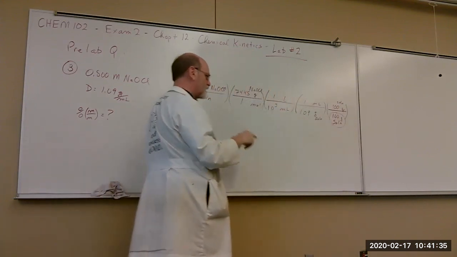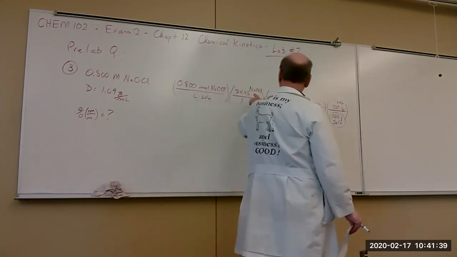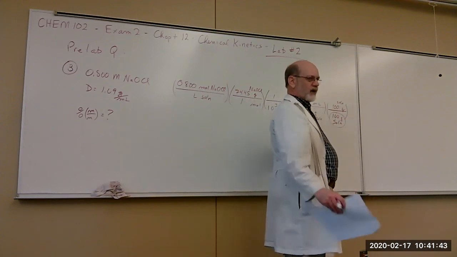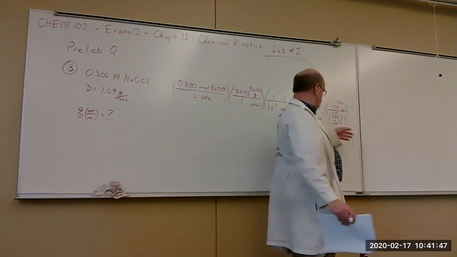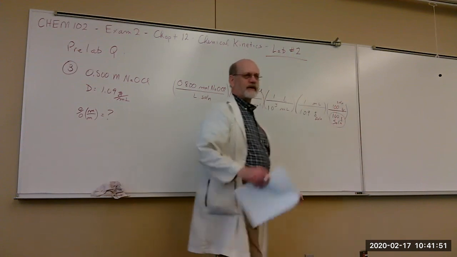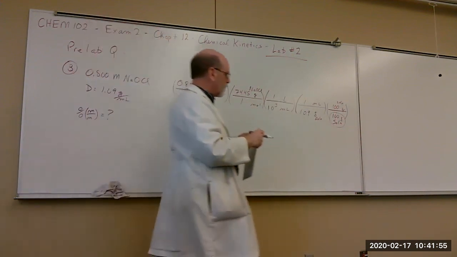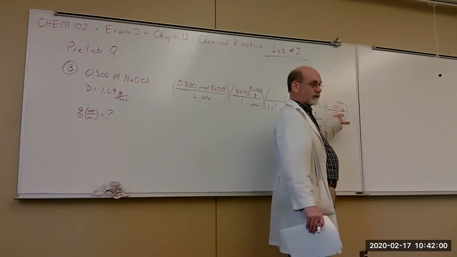The other way to think of it is, if this is grams per gram of solution, then multiply it by 100, and that gives you percent. This is how percent works. It always says something divided by something times 100 gives you percent. The reason it's times 100 is because of this factor. That's equal to 1.